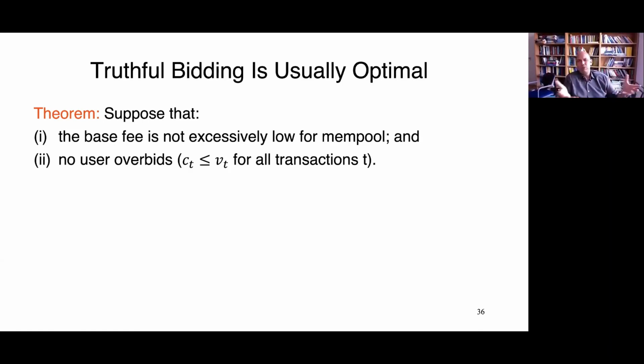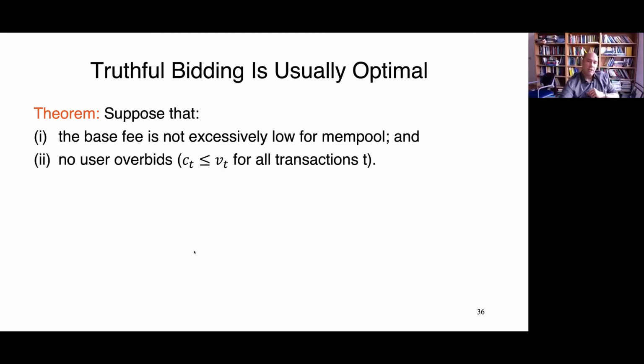Basically you were given this fake demand curve that's much bigger than the real one. So your very reasonable base fee artificially looks excessively low with respect to the fictitious shifted up demand curve. I don't think it's that big a restriction, but technically for the theorem to be true, I do need to assume that users do not overbid. And again, it would be a dominated strategy to overbid.